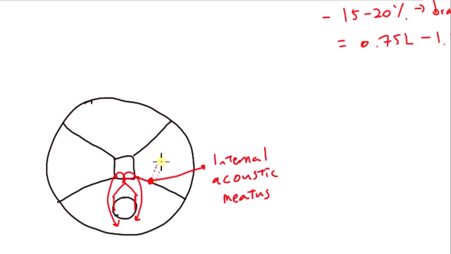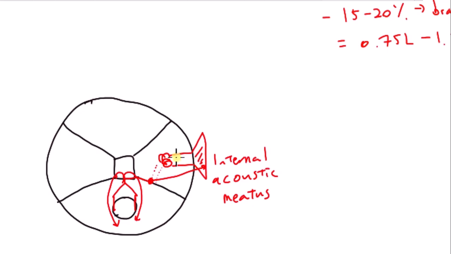Let me draw some semicircular canals and utricle, saccule, and cochlea. So basically vestibular cochlear system. Vestibular cochlear system is the inner ear, and then there's a middle ear part and our external ear.